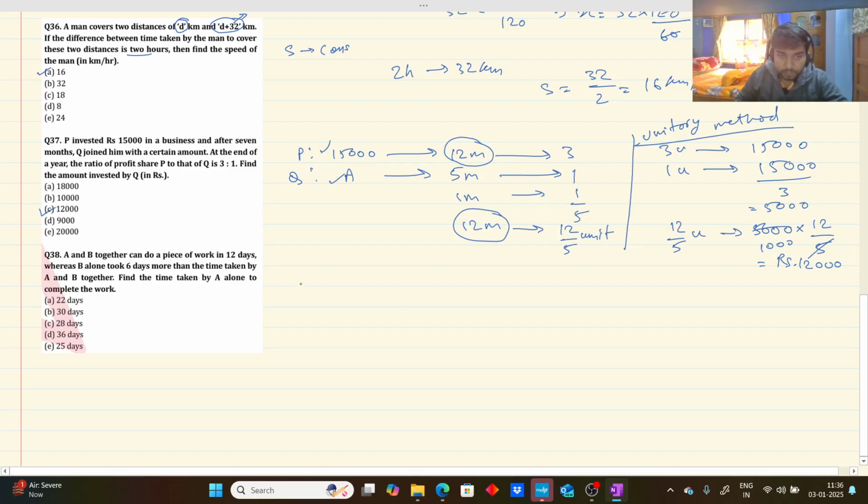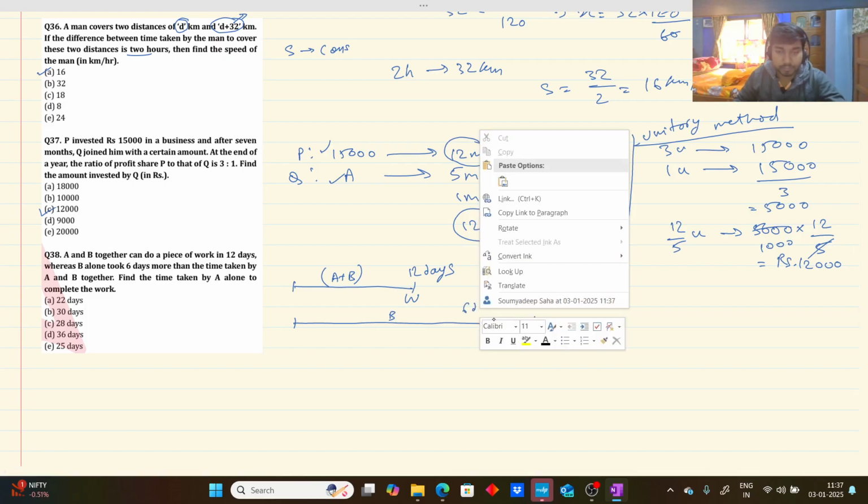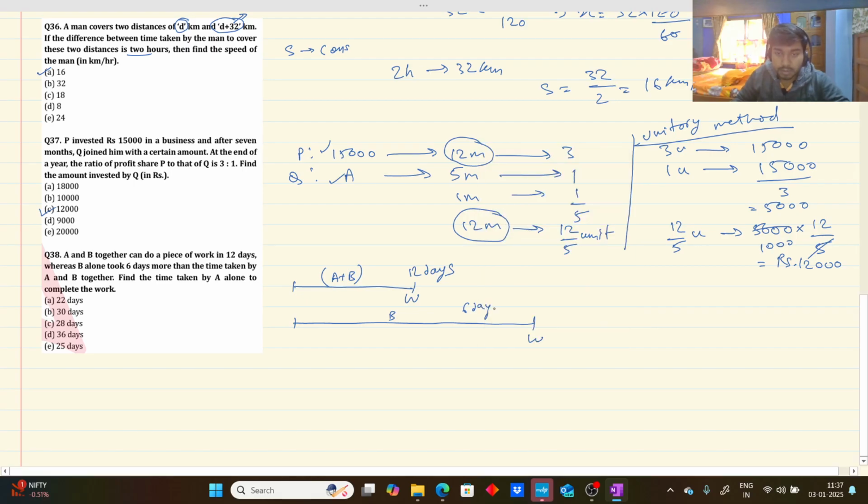So if a certain amount of work, let's say W, needs to be done, A and B working together take 12 days, and B alone doing the same total unit of work W took 6 days more than this, that is 18 days.